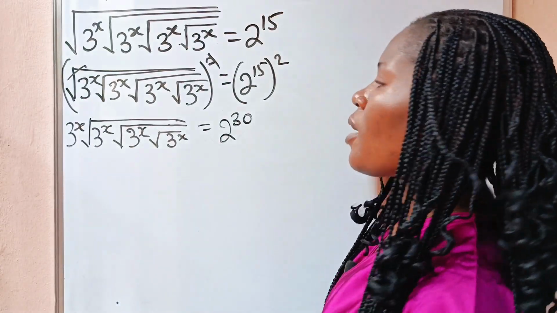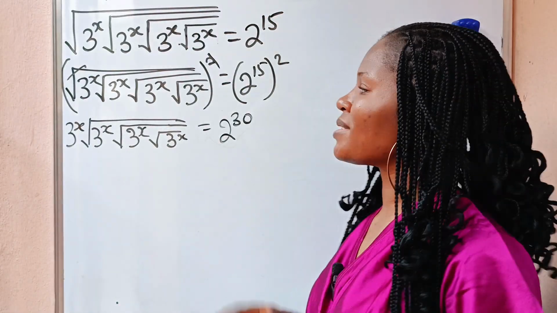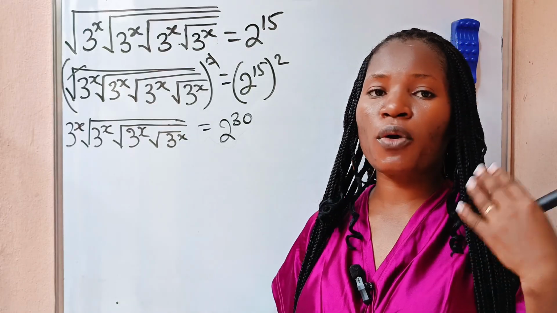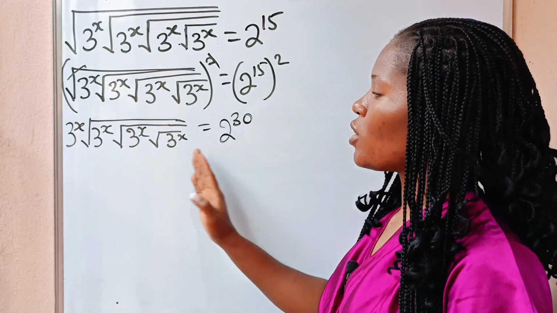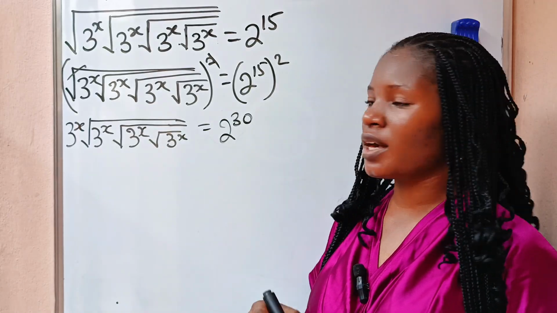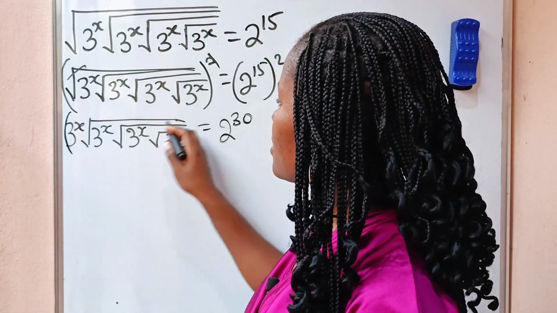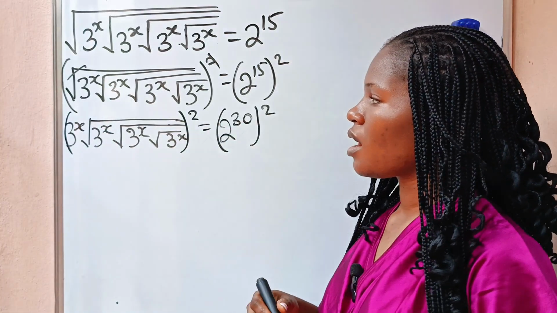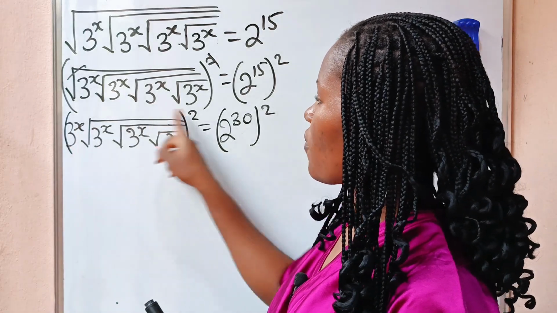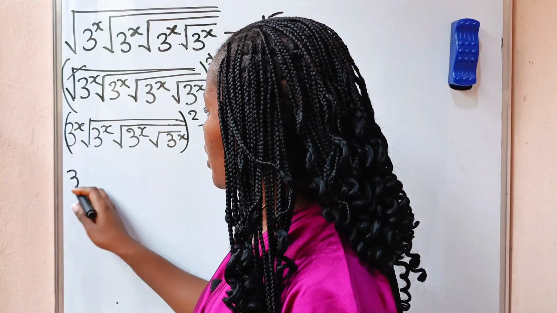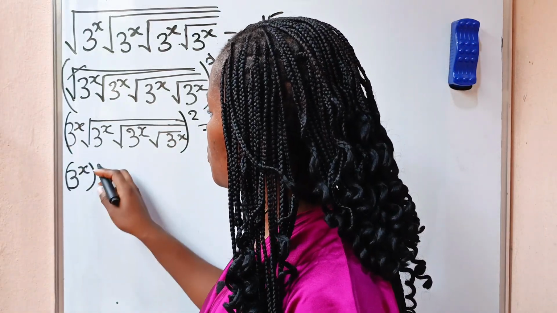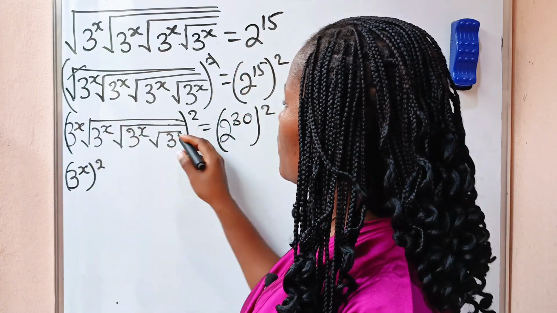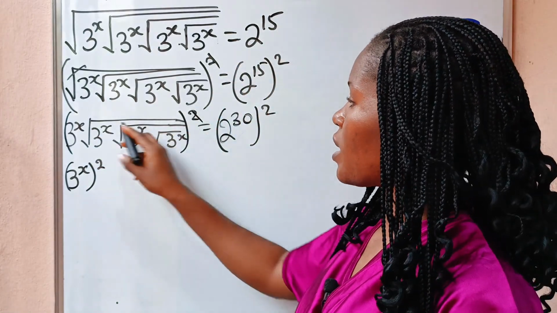All right, now we keep squaring, yes, because the intention is to ensure that we clear these square root signs first before we go over to the next stage. So we are going to square both sides of this equation again. So we have this side squared is equal to this side squared. So we are going to have 3 to the power of x raised to the power of 2, multiplied by this, and when the whole of this is raised to the power of 2, this will cancel this.